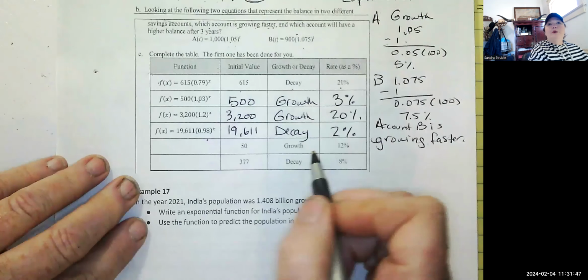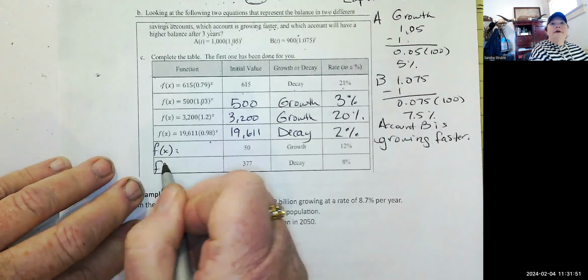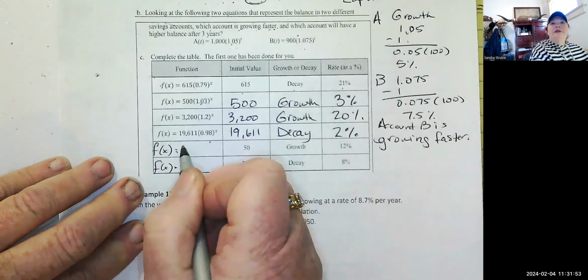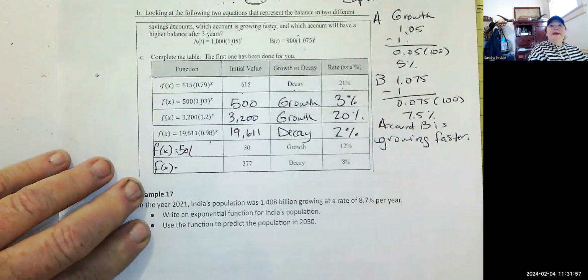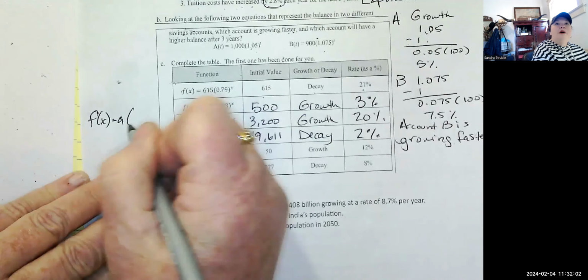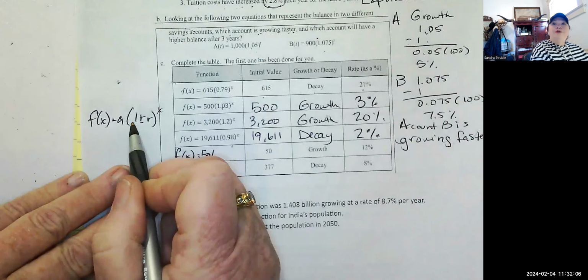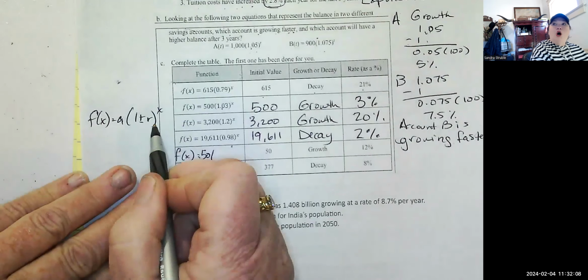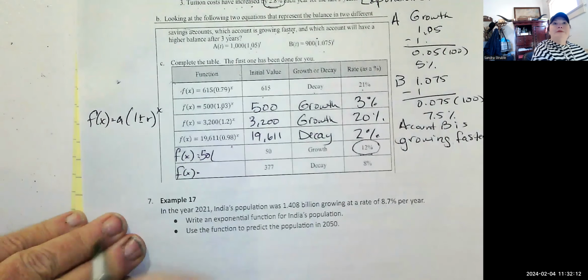The last one, they're actually wanting us to create functions. All right, so our initial value is 50 for the first one. It is growing. So what you need to understand is f of x is equal to a(1 plus or minus r)^x. For growth, it is the 1 plus r. So I'm going to take that percent, change it to a decimal.